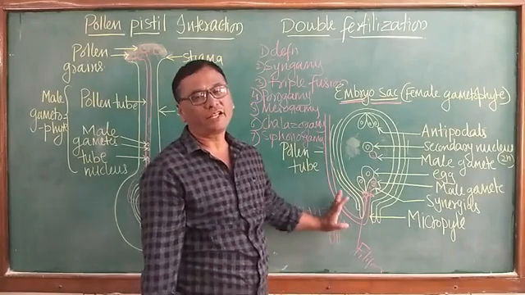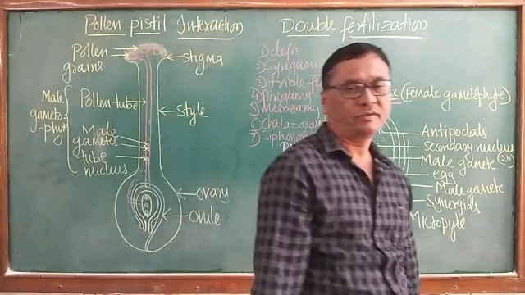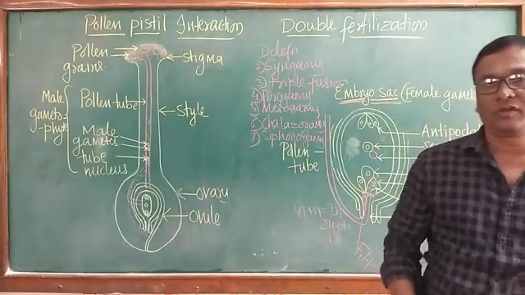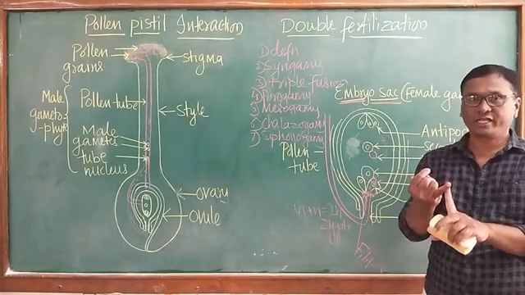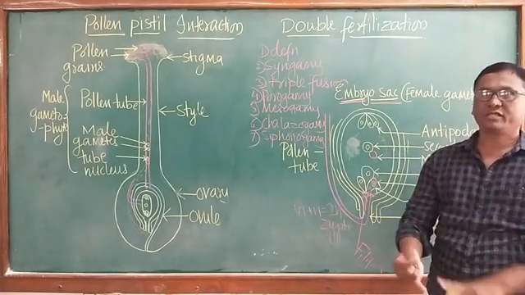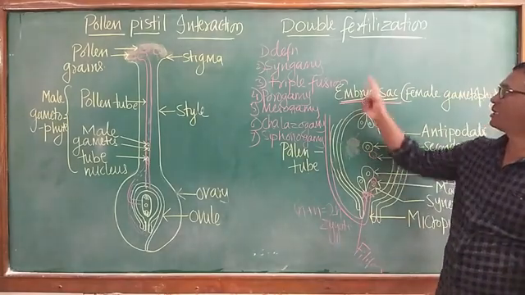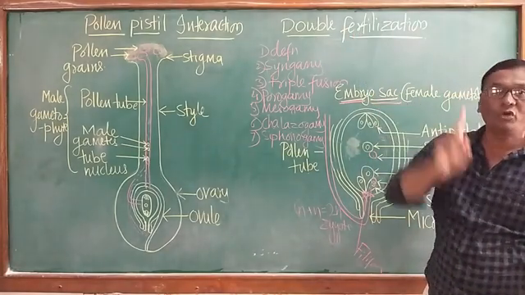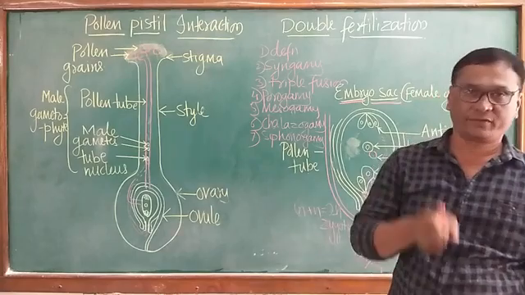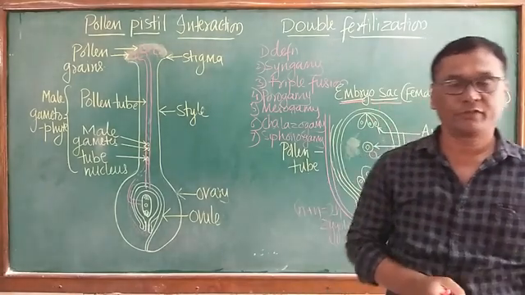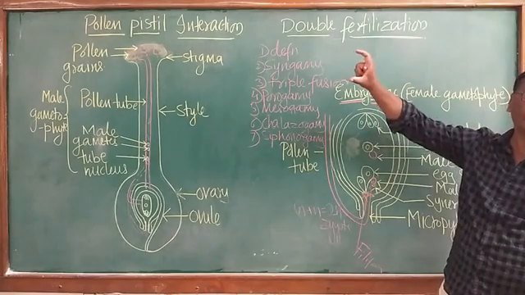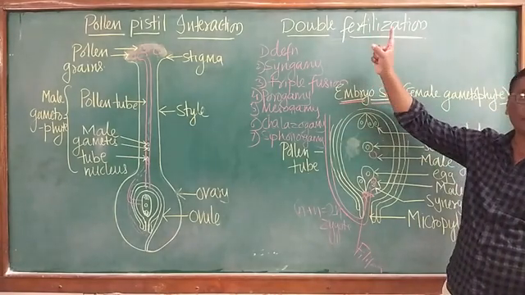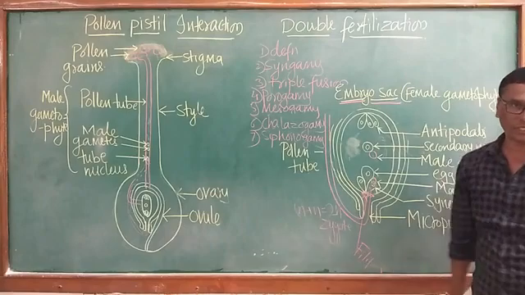What is the significance of double fertilization? The first significance is that it is the characteristic feature of only angiosperms, flowering plants. Angiosperms always show double fertilization.